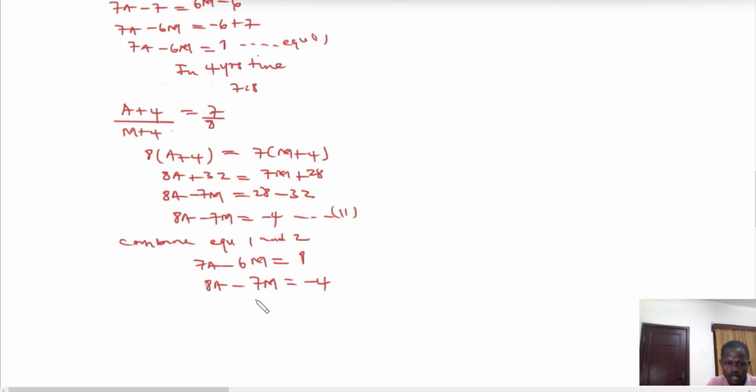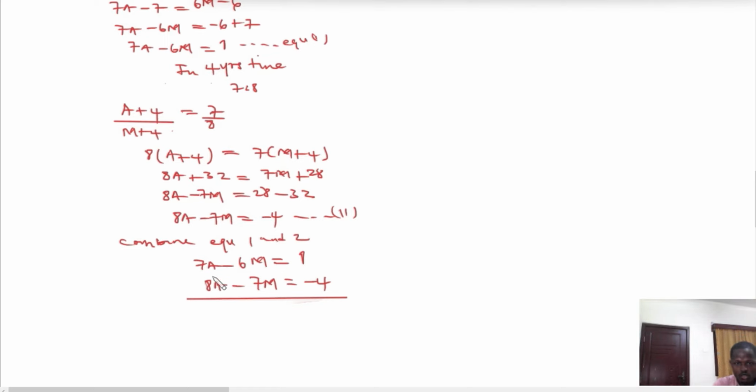So these are two equations. Let's write a straight line. We're going to use the elimination method to find the value of A and M, that is Alex's age and Michael's age.